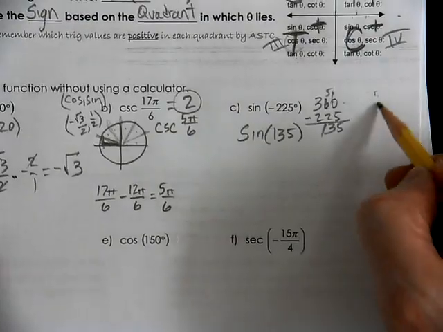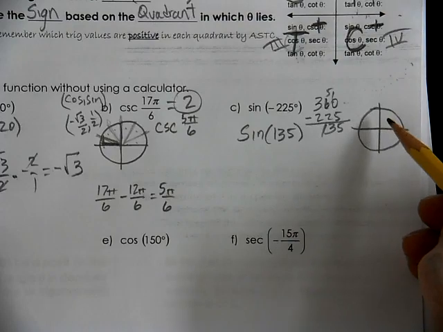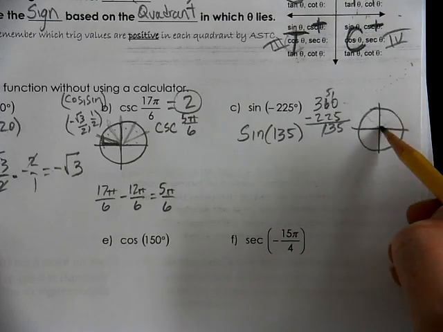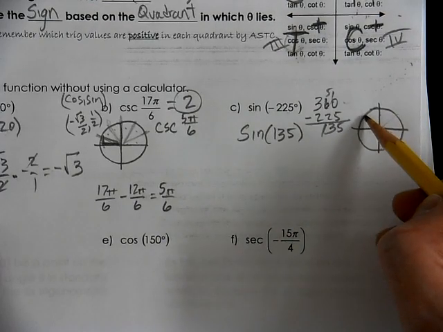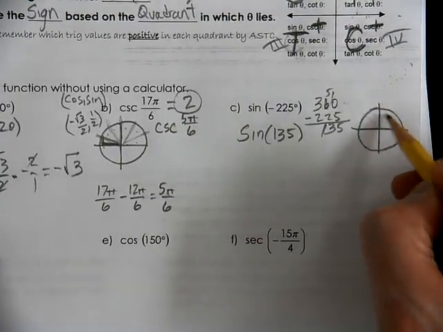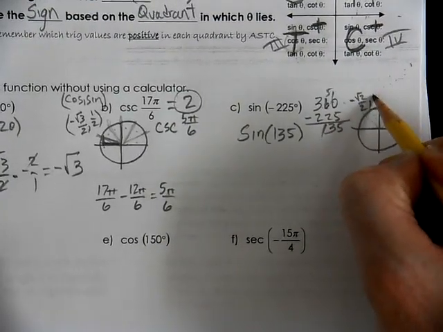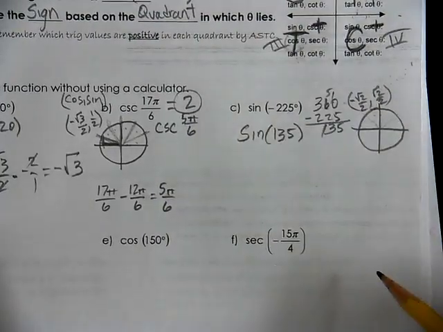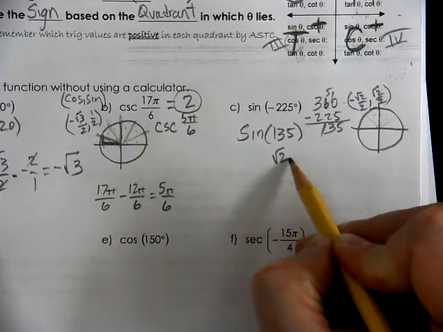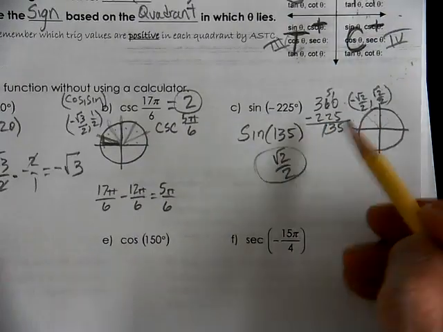So what happens at 135? Well, 135 is 45 degrees more than 90. That's 45, 90, 135, 180. So it's going by quarters. So this is negative root 2 over 2, positive root 2 over 2. We're still in that second quadrant. So the sine there is root 2 over 2. Because I'm in the second quadrant, it's positive.